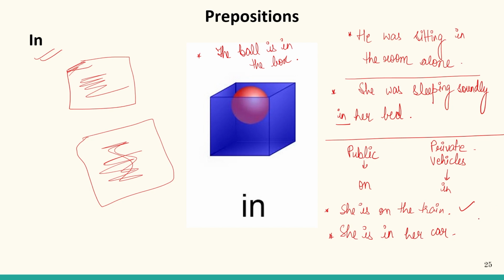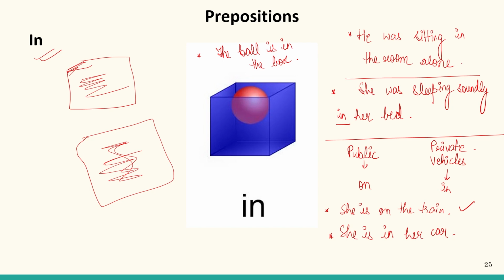For a cycle, something which we ride, we use on. That he is riding on the bicycle, going on his bike, sitting on his bike. But if some vehicle has boundaries, we use in. But in case of public and private, we should keep this in mind.